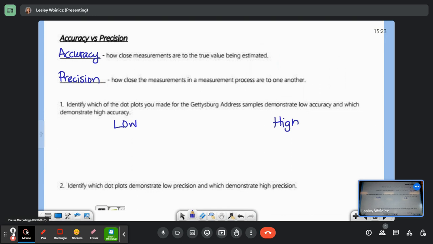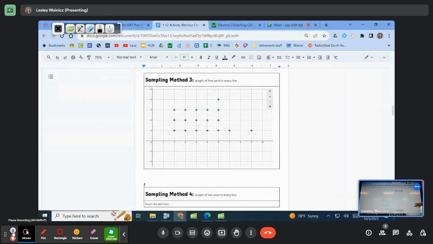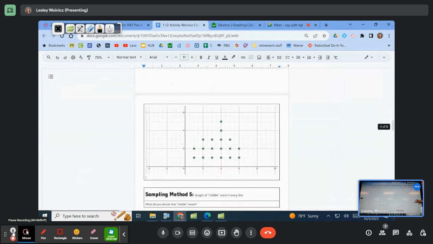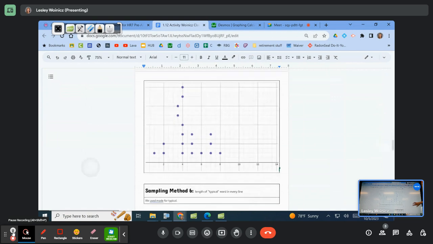Okay. All right, who's got some low accuracy dot plots? 1 and 2. What else? 3. Maybe. Okay. 4's looking pretty good. 5 is questionable.